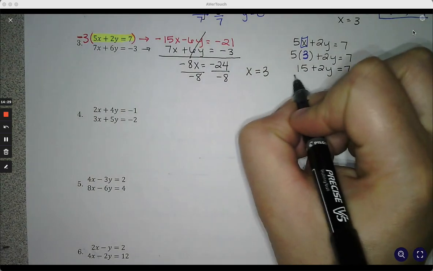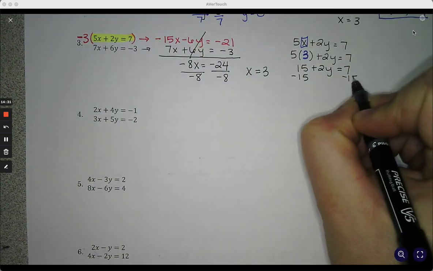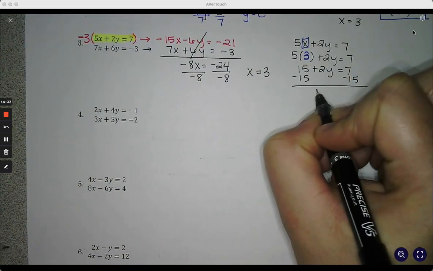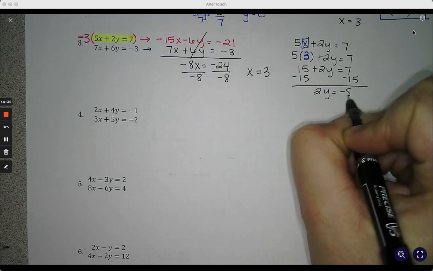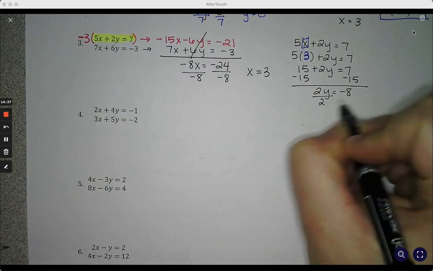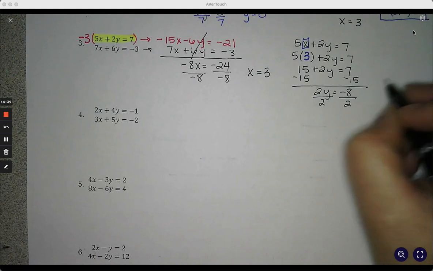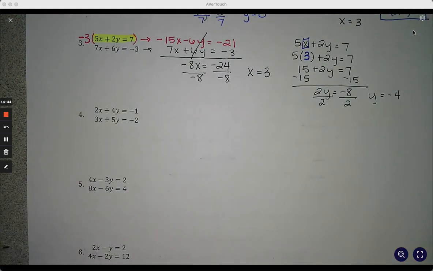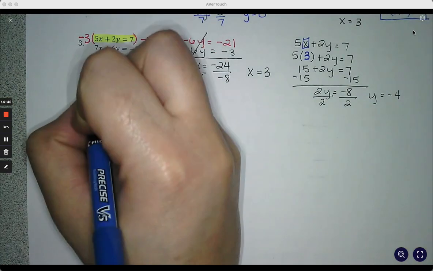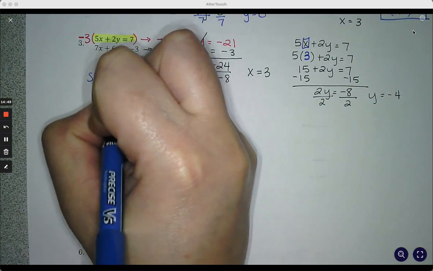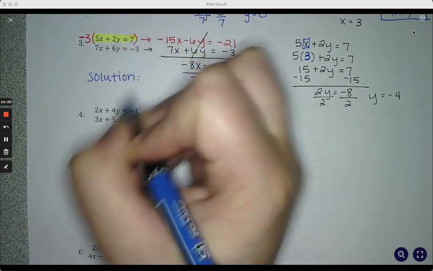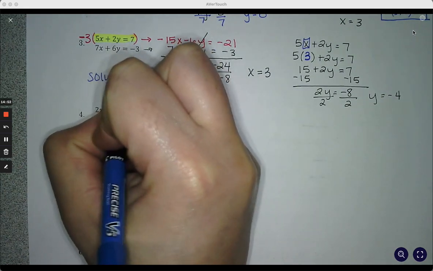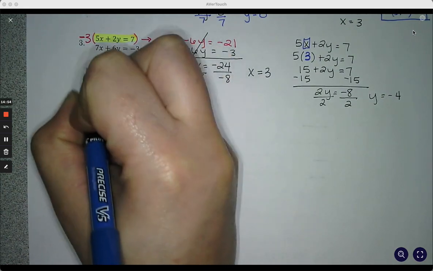If I subtract 15 from both sides, I get 2y equals negative 8. Divide both sides by 2, so y equals negative 4. So the solution would be 3, negative 4.